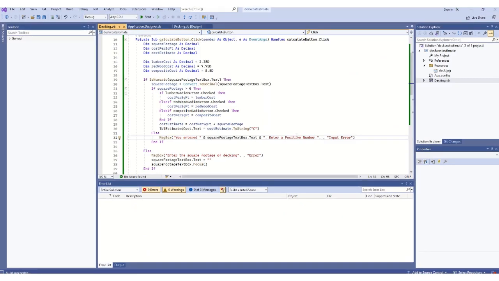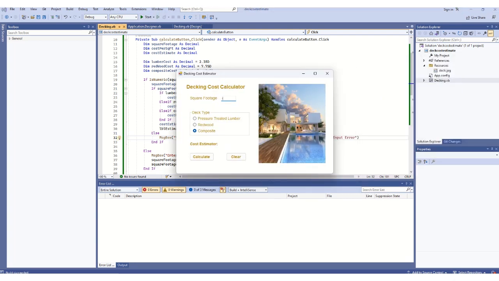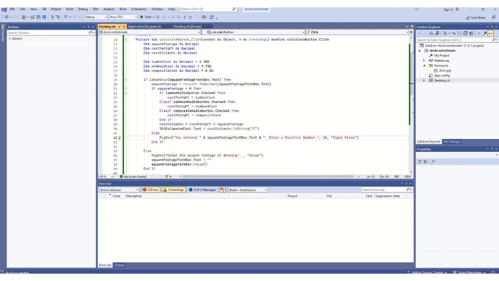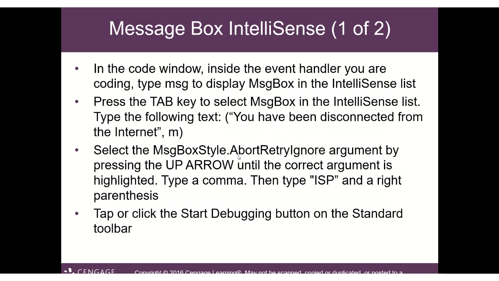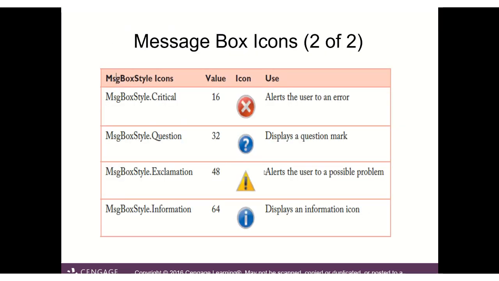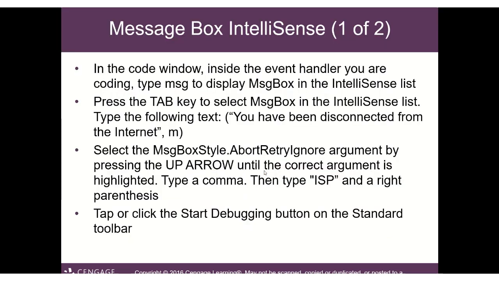Here, if we put 16, let us say, and execute it. Let's put 1 and minus 2, and then you can see you have entered minus 2, so this is an error. That's pretty much it. So these are the different styles. It depends on what type of information you are trying to convey to your end user.